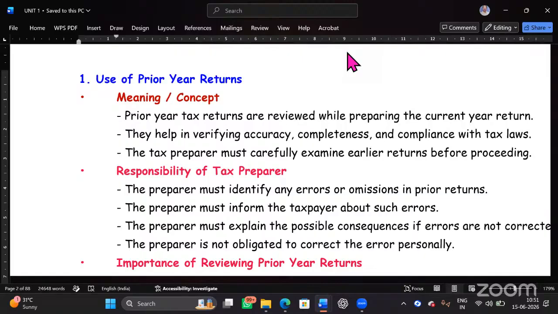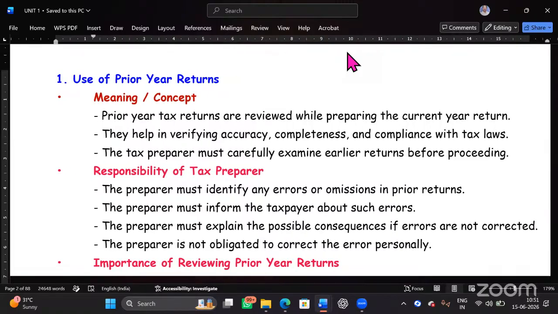That information was already included in the last year's return. Based on last year's information, we need to fill in the current year return. I am not saying that data is to be copied into the current year. That information is helpful for preparing the current year return.